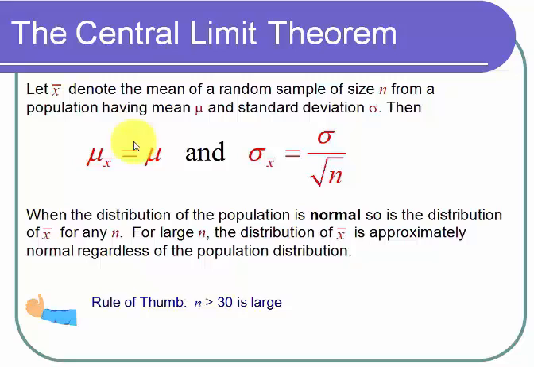So, in particular, we do know because we have the central limit theorem. It also tells us that sigma sub x bar is sigma divided by the square root of n. So if we want a very small sampling distribution's standard deviation, or a very small standard error, then all we have to do is use a very large sample size.